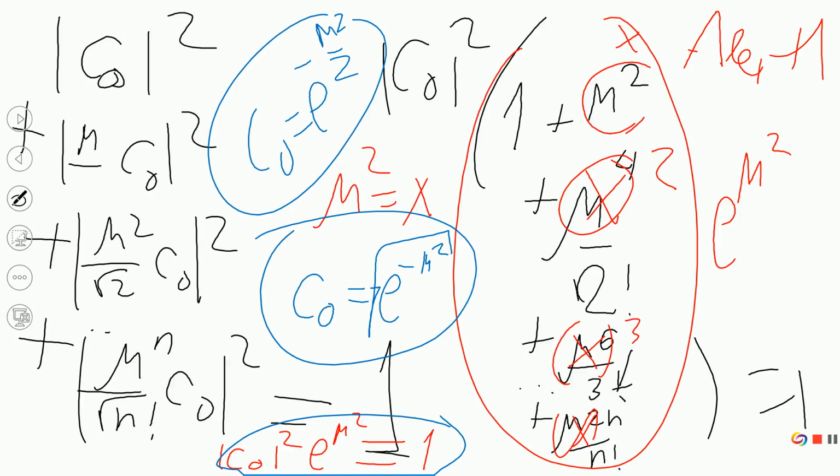So only this part is needed, right? We already agreed. If you solve for c naught, it will be e to the power minus mu squared over 2. So we achieved something. We know c naught. We know how to find any expansion coefficient from c naught.